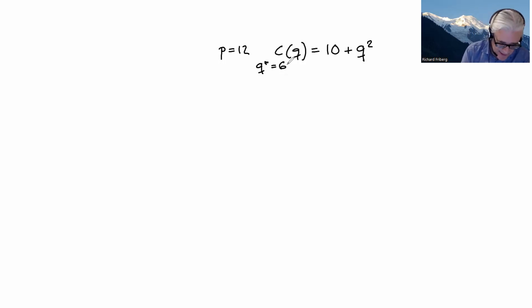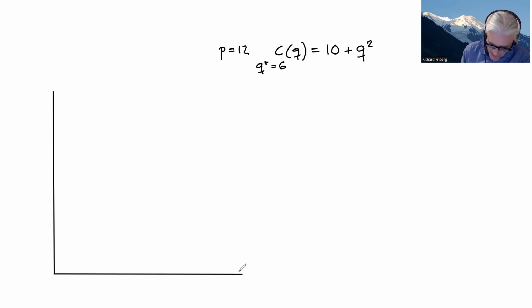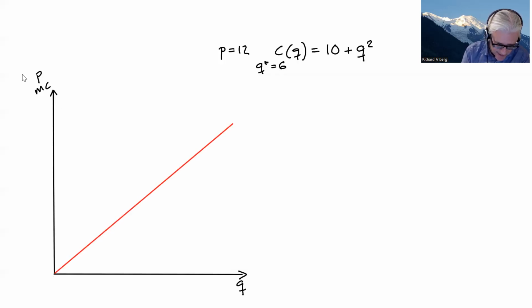Okay, so let's depict that again. Let's start there. Like this. We had quantity here. We had price and marginal cost on this axis. So we could have a marginal cost like this.